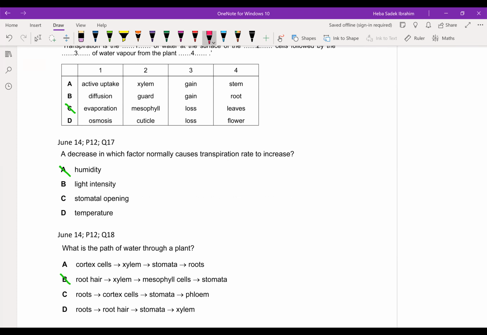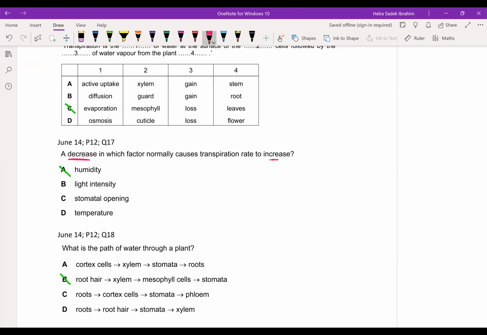As you decrease the humidity, the transpiration is going to increase, because this is the only factor where they work opposite each other. You decrease the humidity, you increase the transpiration. The other two, you increase them, you increase the transpiration. When you increase the stomatal opening, it's more open, so you are increasing the water loss.